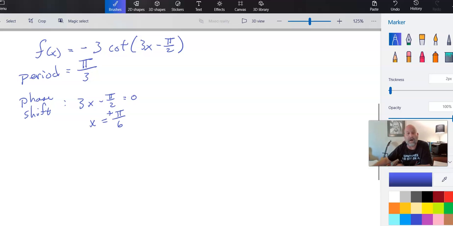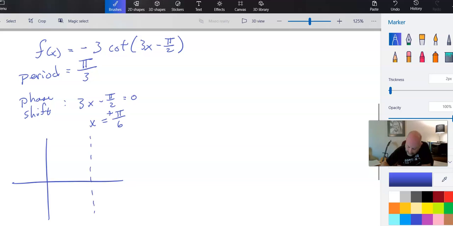Now, honestly, again, just like before, I don't find it very convenient a lot of the time to use the period and the phase shift to graph it. Those are useful things to know, but when it comes to figuring out what happens, you want to be thinking about the unshifted graph and what the key points are.